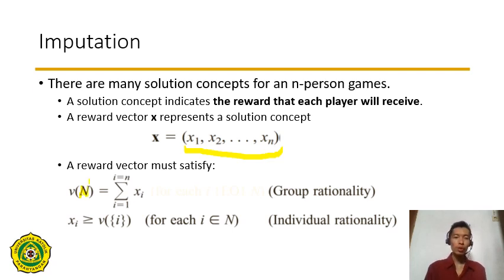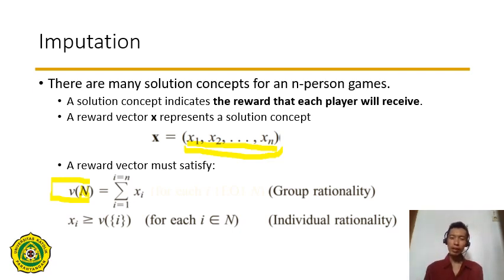The characteristic function of the grand coalition means that if everybody in this game forms the coalition and acts together, then that amount is the reward that you may give to the players, such that the sum of the rewards that all players receive must equal the amount that the grand coalition may achieve, right?